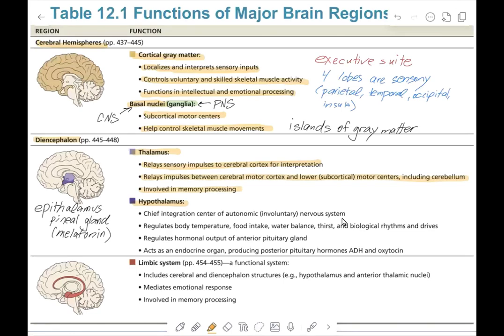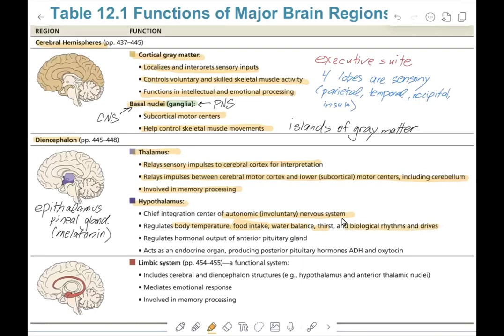The hypothalamus has a whole bunch of functions. It's the chief integration center for the autonomic nervous system, which is the involuntary part, which we'll learn about in chapter 14 in much more detail. It kind of acts like the body's thermostat. It controls food intake, so it is signaled if we are full, if we have satiety, controls water balance, thirst, and biological rhythms and drives.